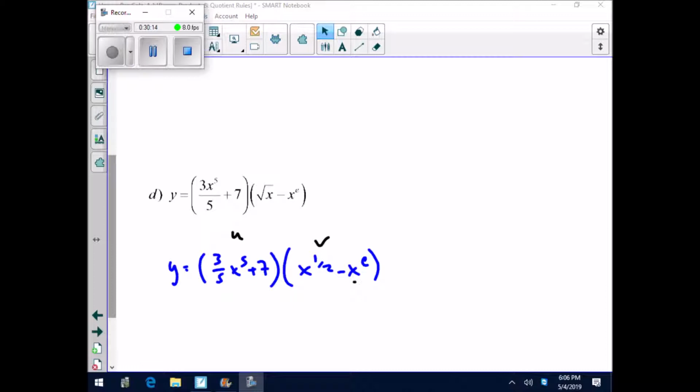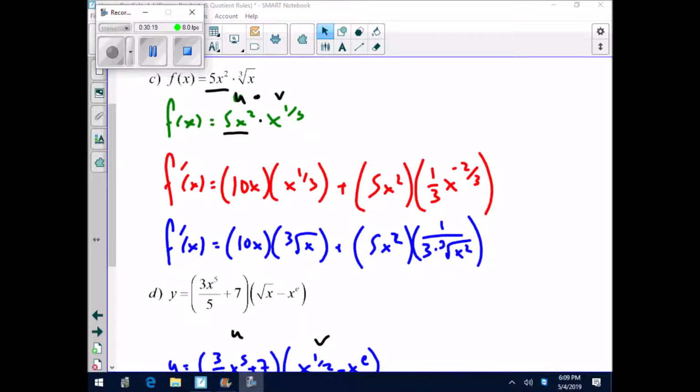Why don't you guys pause the video again, and we will take the derivative with the product rule. Alright guys, so for our c, we had our u as 5x squared times our v of x to the 1/3, and when we take the derivative with the product rule, we have u prime as 10x and our v as x to the 1/3 plus our u as 5x squared times our v prime of 1/3 x to the negative 2/3.